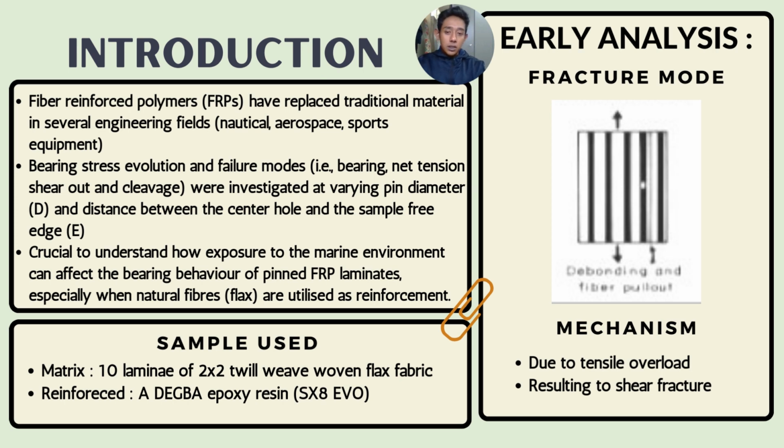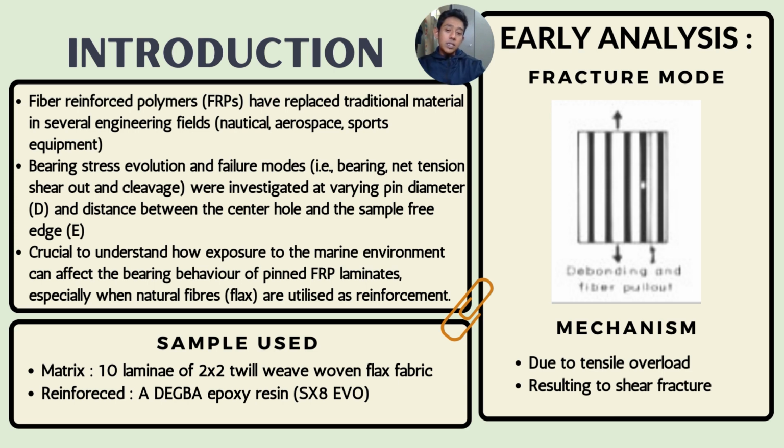In this case study, the samples used are 10 laminates of 2 by 2 twill weave woven flat fabric with a DGEBA epoxy resin with the commercial name SX8 Evo. By following the steps that have been learned in chapter 1 and the method suggested by the textbook, we must have a layer analysis based on the characteristic and the material that we want to inspect.